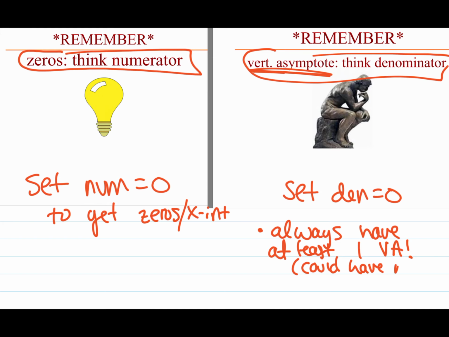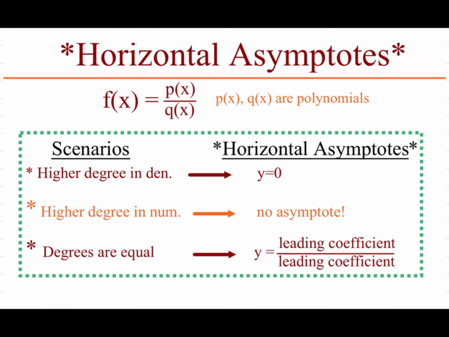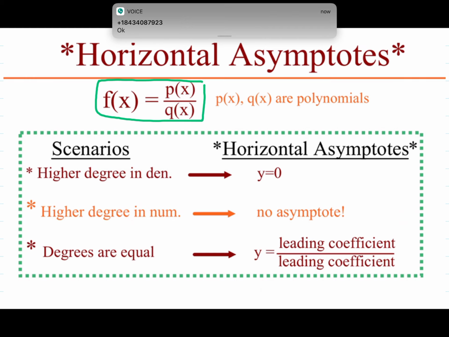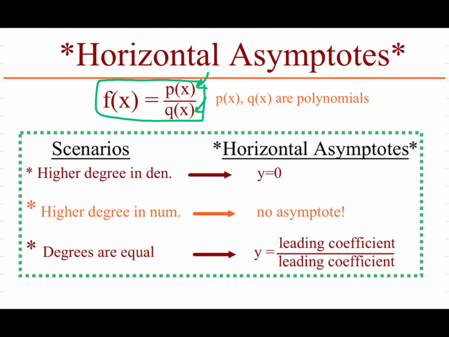All right, so let's actually go into some explanation on horizontal asymptotes. So we know that this is a rational function. It's comprised of a polynomial in the numerator and a polynomial in the denominator. So you put those two together and divide them, you've got yourself a rational function.